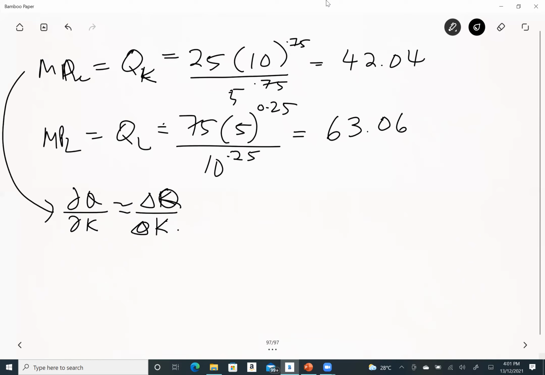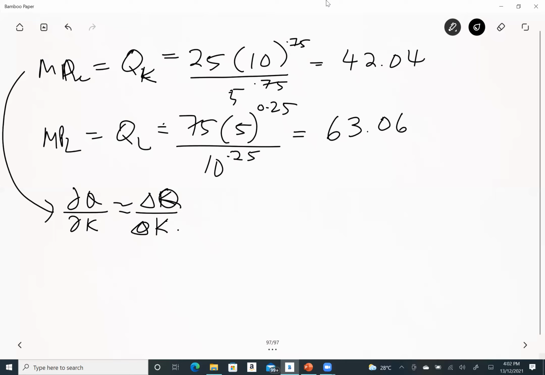If you want to interpret that, it means if I use one more unit of capital, then what happens to my output? Output will increase by the value of the marginal product of capital. That is the basic.